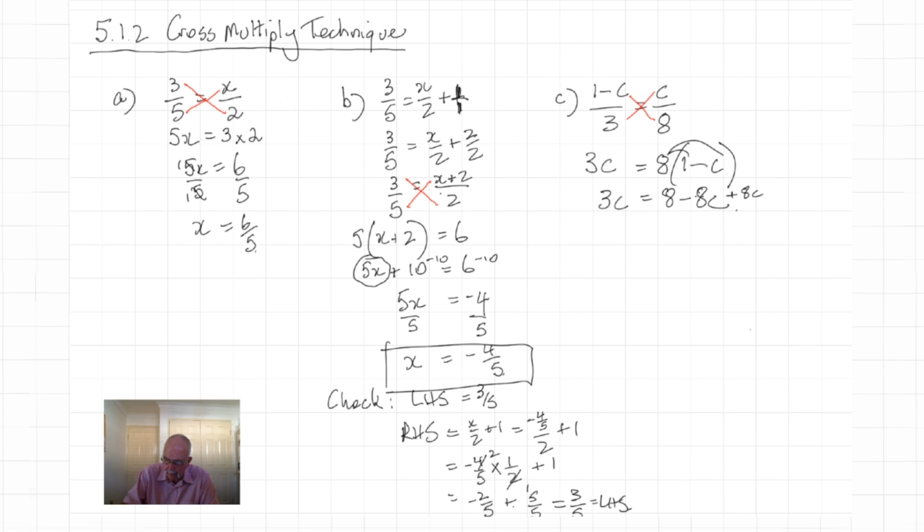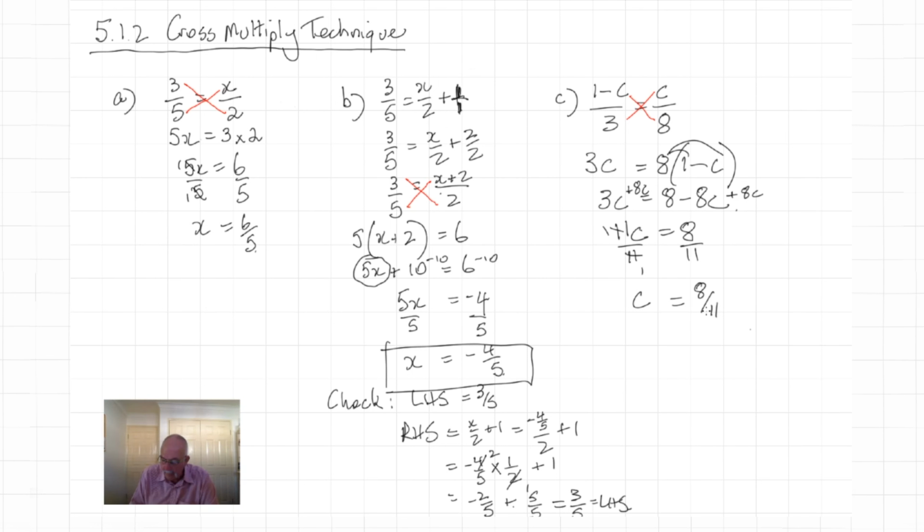Plus 8c, and if I add 8c there, I've got to add 8c there. And when we work through that, we got 3c plus 8c, which is 11c, equals minus 8c plus 8c is 0, so that's just equal to 8. And then we divide by 11, divide by 11 to get c by itself. That'll be c is equal to 8 over 11.